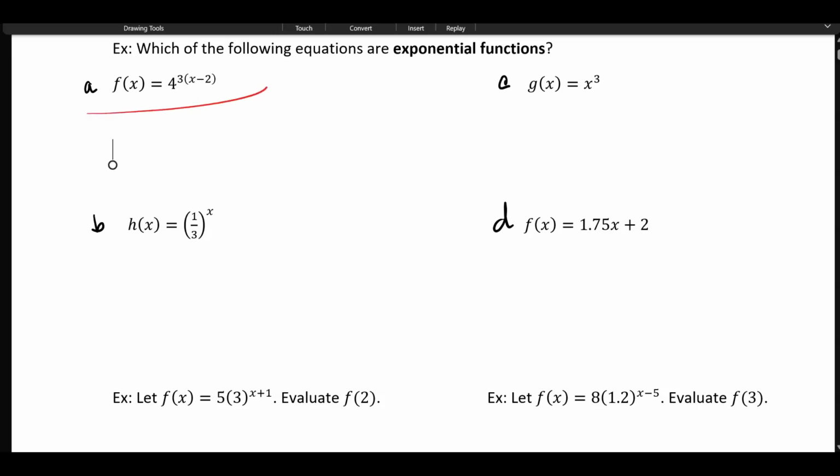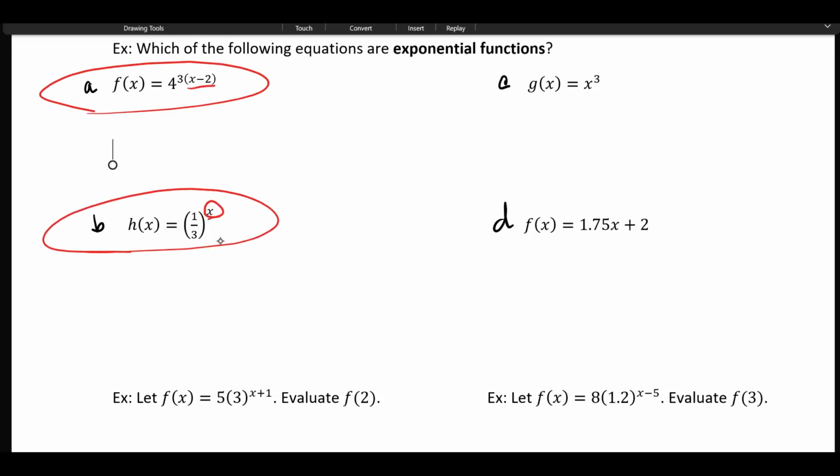All right, so hopefully you said that A is an exponential and that B is an exponential, and we can see that both of these are exponentials because our variable is in the exponent's location. Here, our variable is in the base, and here this actually looks like a linear function, and here we have a degree 3 polynomial, a cubic polynomial. So we have two exponential functions.